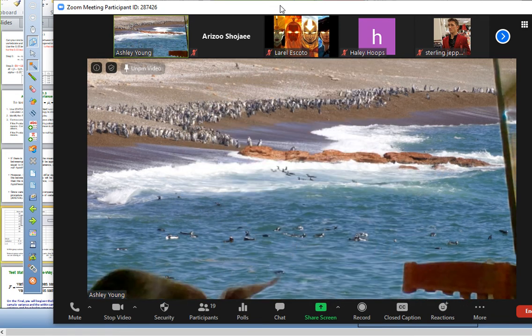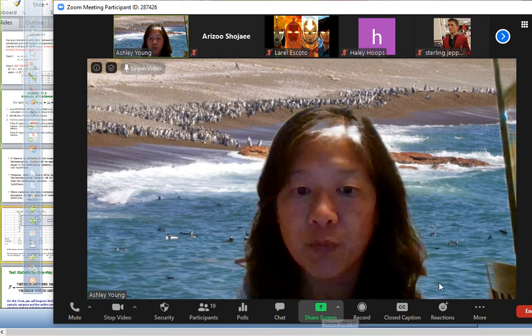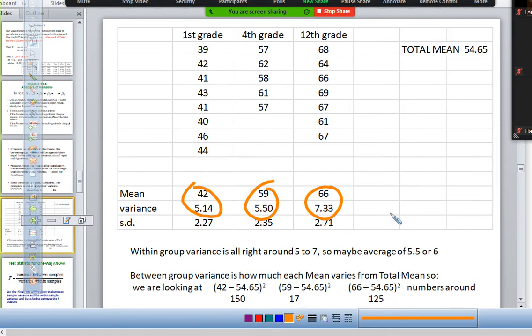That ratio of between group variance over within group variance is what we're talking about. Within the groups, they have a smallish variance, not super huge. But when you start comparing the little guys to the big guys, all of a sudden the variances become huge.